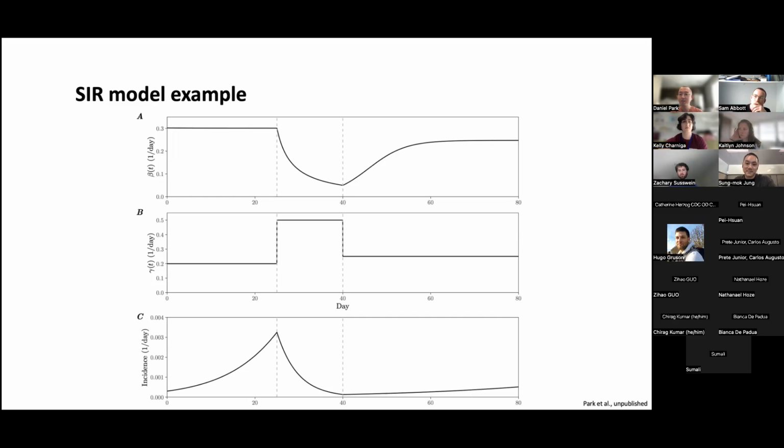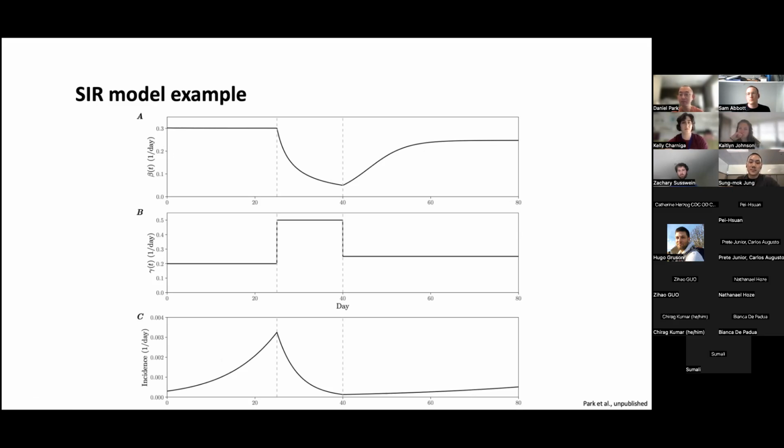And the short answer is, I have no idea, but I think it's partly also trying to get at the overemphasis on reproduction number. Whether it's beta changing or gamma changing, your epidemic curve looks identical and your growth rate is going to be identical.